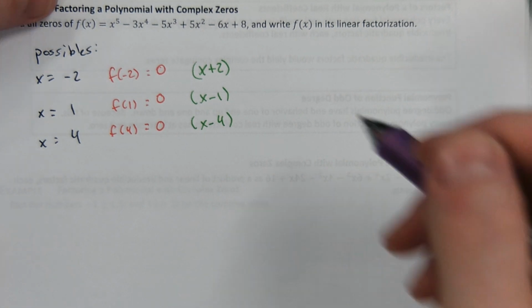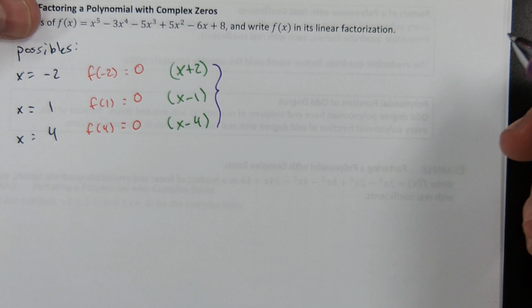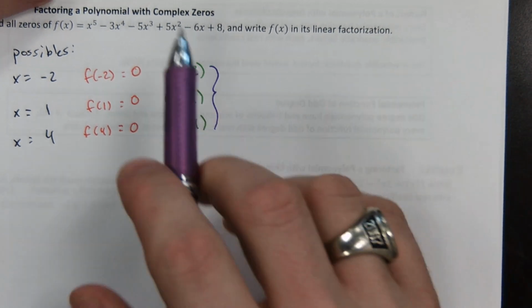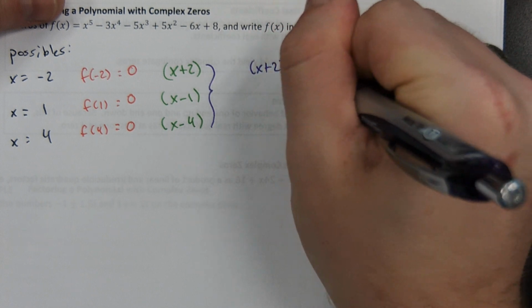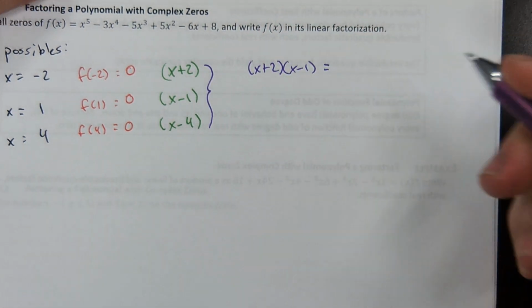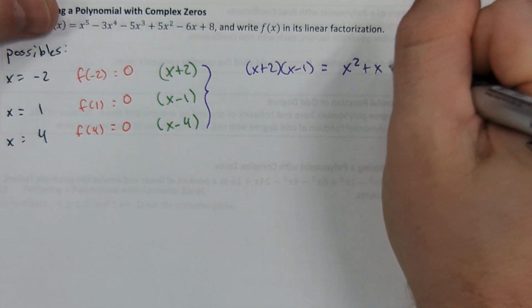So I am going to distribute all of this. I'm going to multiply to get a cubic factor of my fifth degree polynomial. So I'll start with x plus 2 and x minus 1. I'll hope everybody in the room can distribute and get to x squared plus x minus 2.